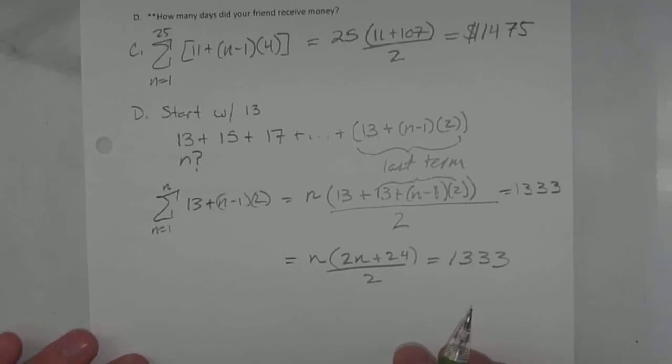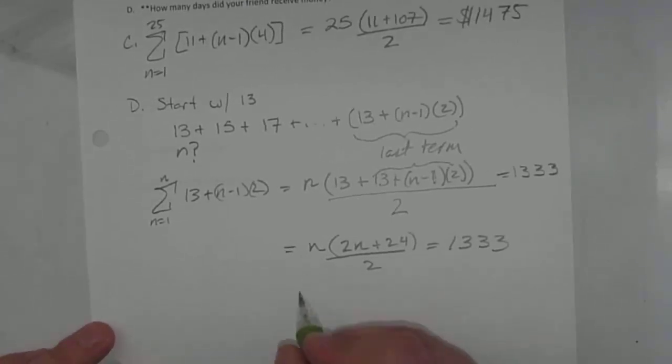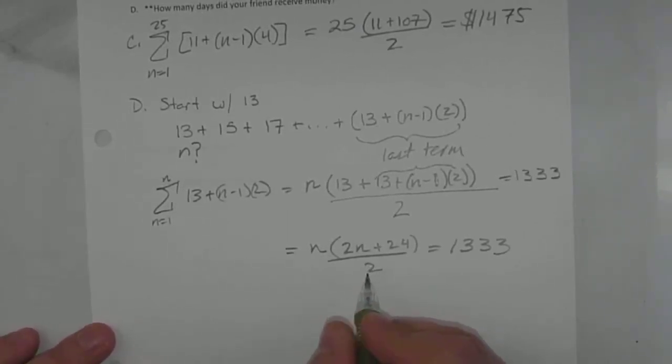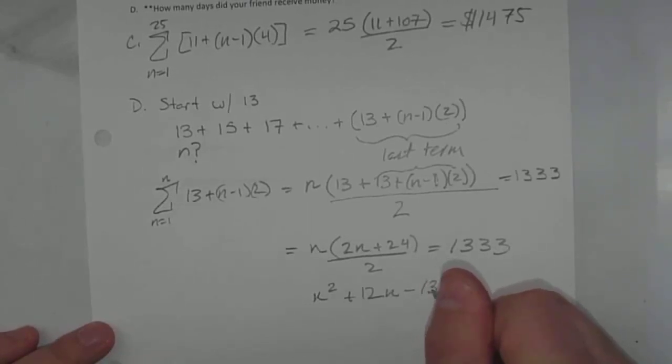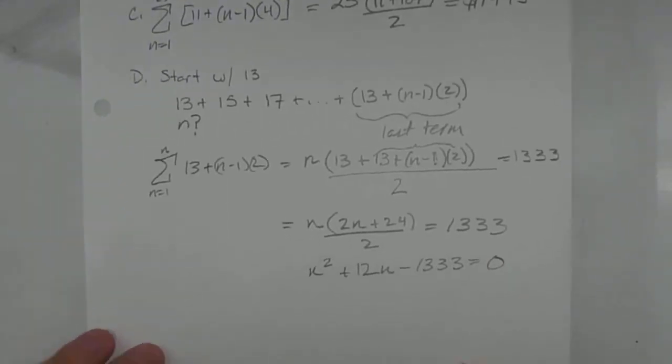And so there's multiple ways we can solve this. We can make a quadratic equation. We can then factor that quadratic equation. So if I wanted to do that, I'm going to clean this up. I'm going to distribute and get it equal to 0. So when I do that, I would get n squared plus 12n minus 1,333 is equal to 0.